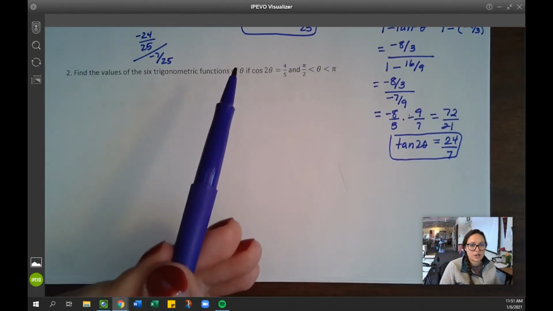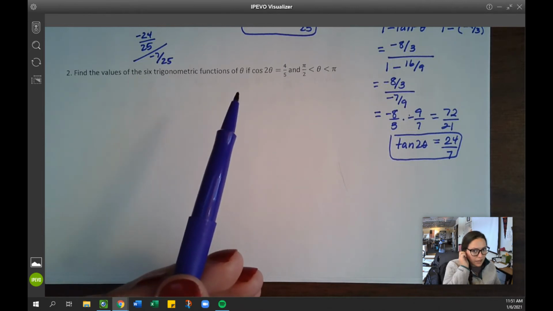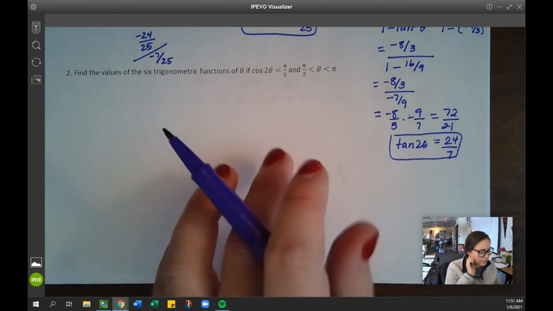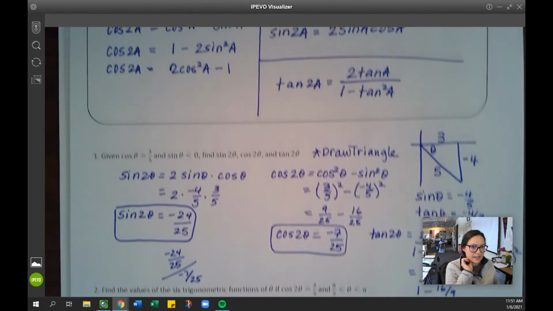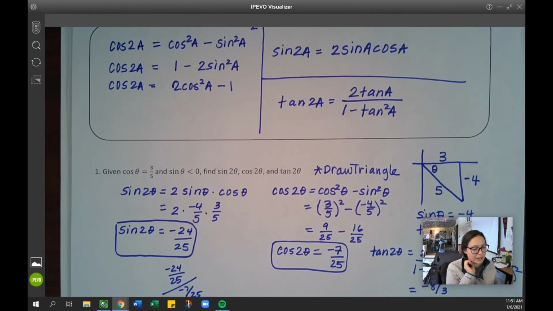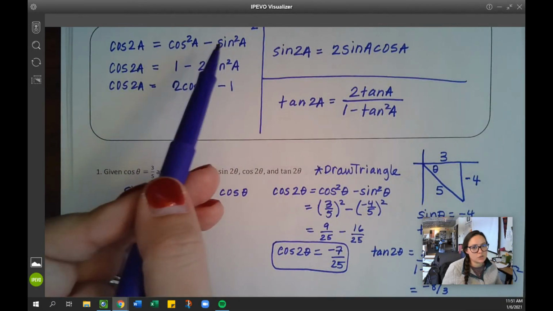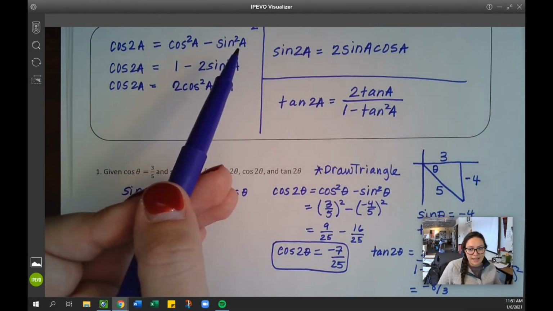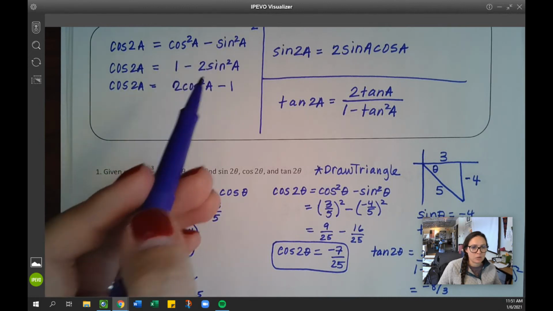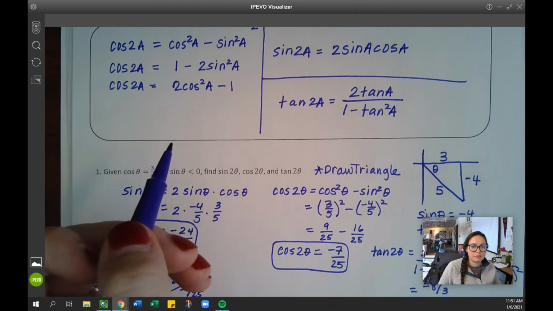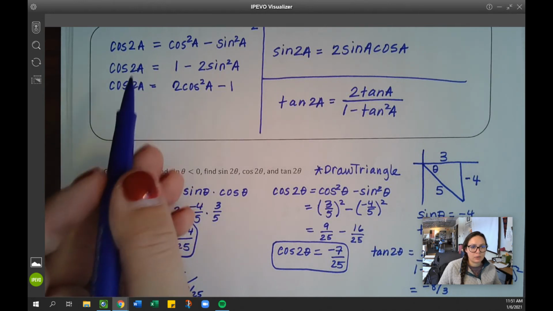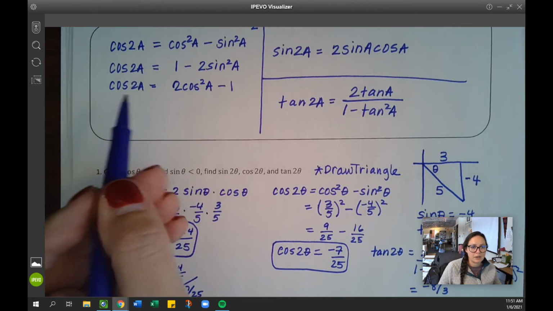Okay, so we're going to go up to our cosine identities. And again, it doesn't matter which one we pick. Well, we can't pick this one because we can't solve for both cosine and sine at the same time. We're going to have to pick one of these. I'm going to choose this bottom one.